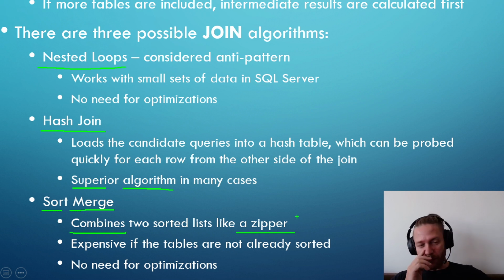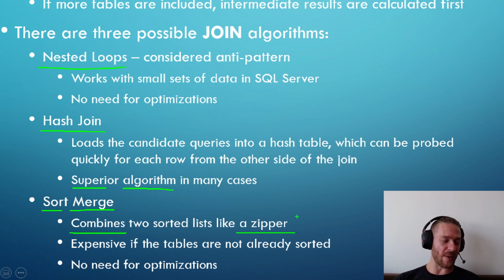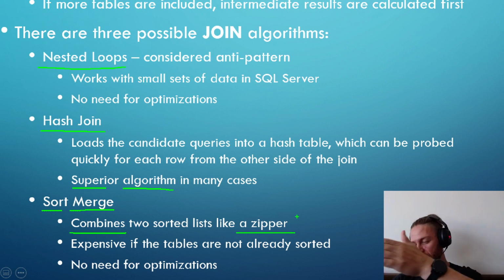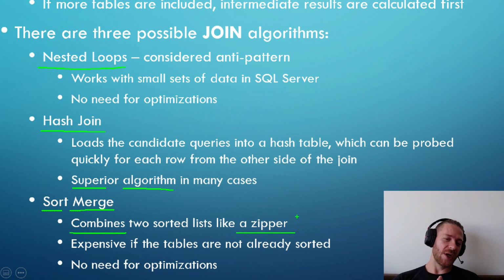So imagine this. If we need to join two tables on IDs, for example, the primary key from one table and a foreign key from the other table, the sort merge algorithm first will sort the first table by IDs and the second table by foreign keys.